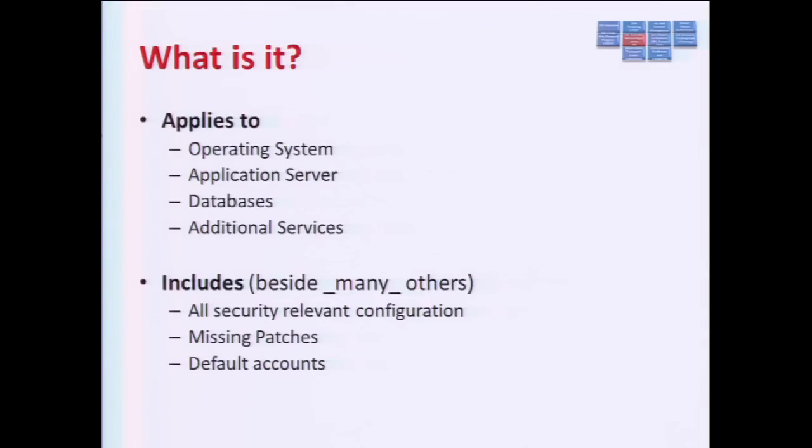Okay, misconfiguration can apply to lots of things, but basically it can be at the operating system level, which covers the file system, the user management, and anything that can be restricted for a particular user. It can be at your middleware or application server level, or it can be at your database or any other service that you're hosting or running to address a request that the user sent to your system.